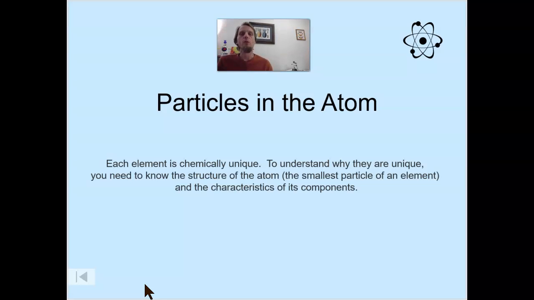Okay, so with that, I'll read this. Each element, we're not talking about earth, wind, fire, and water. What we now know scientifically as an element is chemically unique. Gold will always look yellow. Gold will always be soft. Gold is malleable, and will look the same as an earring as it would in the ground as a rock.